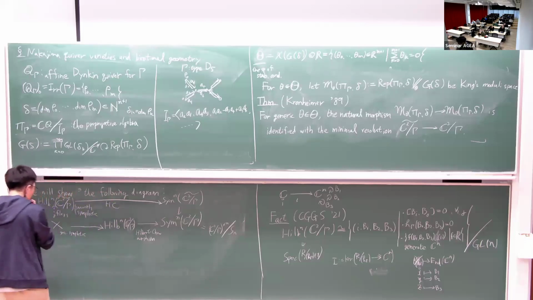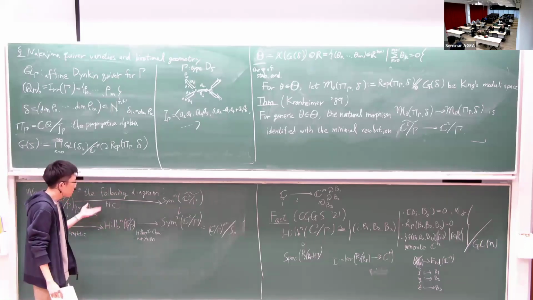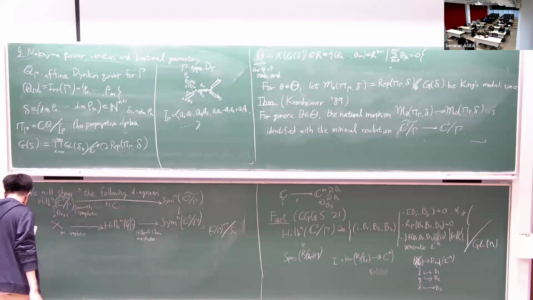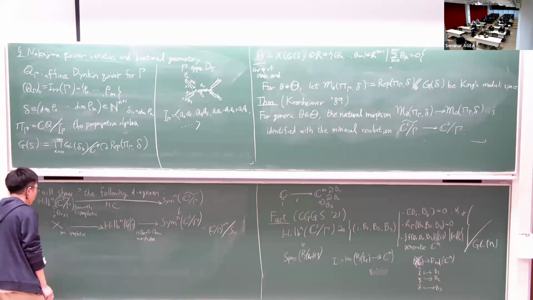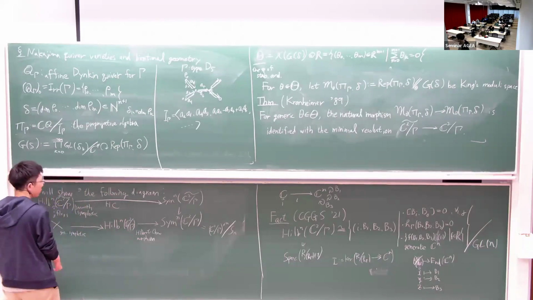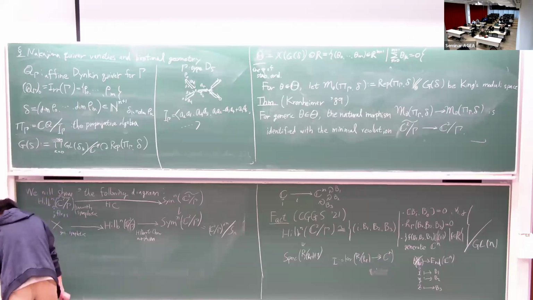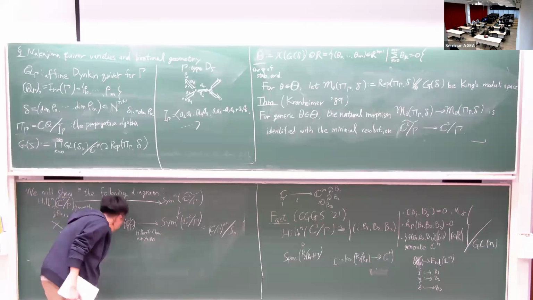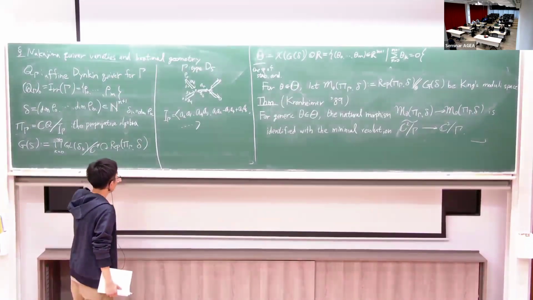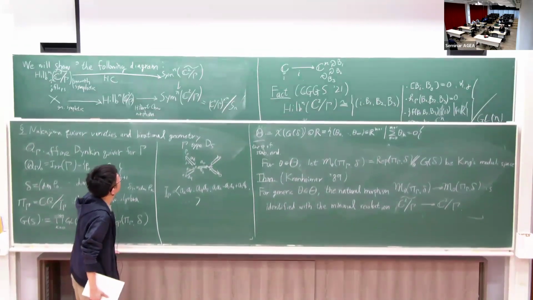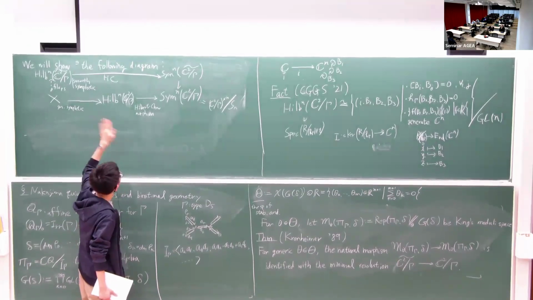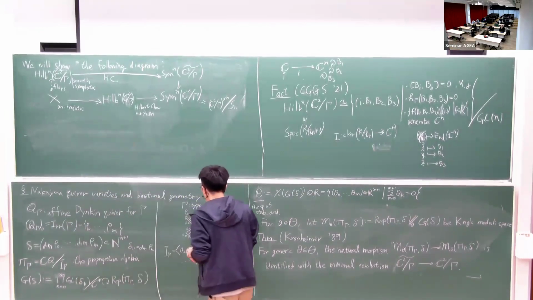Okay, so in fact, all these varieties are realized as Nakajima quiver varieties, and now I'll explain the general construction. In order to construct quiver varieties for these varieties, we modify this quiver.